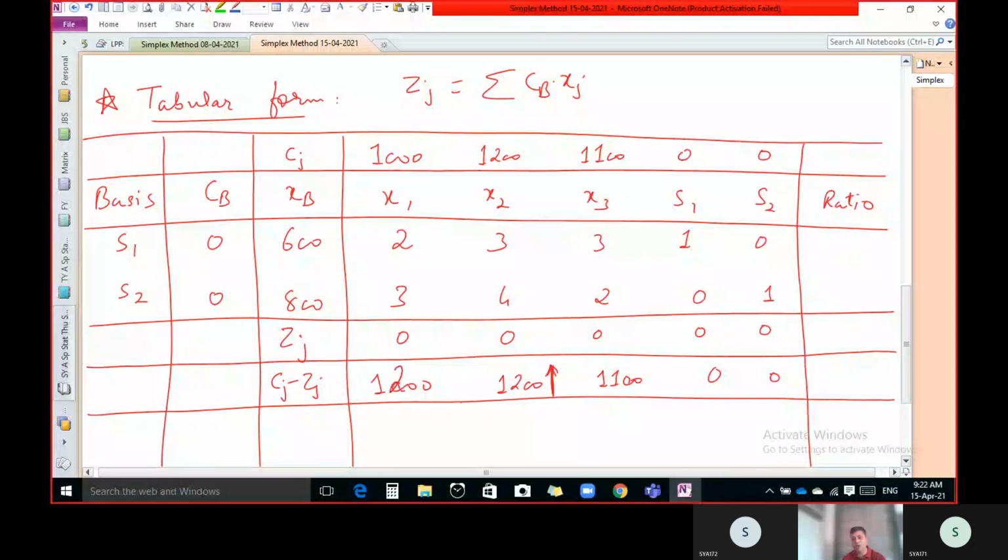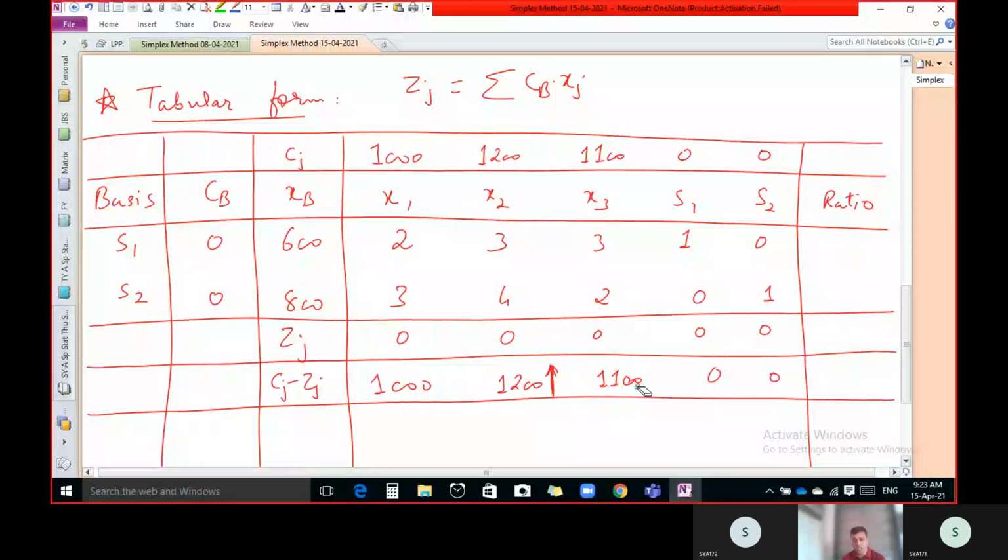You can select either the x1 column or the x2 column randomly. There is no other rule. If there is a tie, you can break the tie by selecting anyone randomly. Right now this 1200 is the highest value, so we have to select that column only. This column is known as the key column.